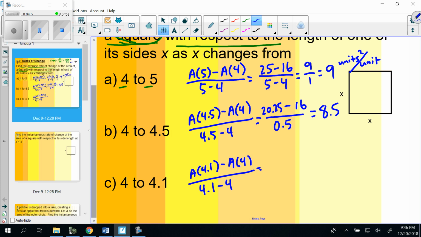And if we square 4.1, we would get 16.81 minus, again, we know our area at 4 is 16, and if we subtract the bottom, we're going to get 0.1. Now, if we subtract that and divide, it turns out that it equals a rate of change of 8.1.